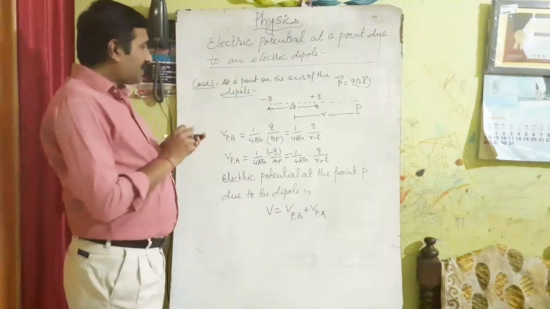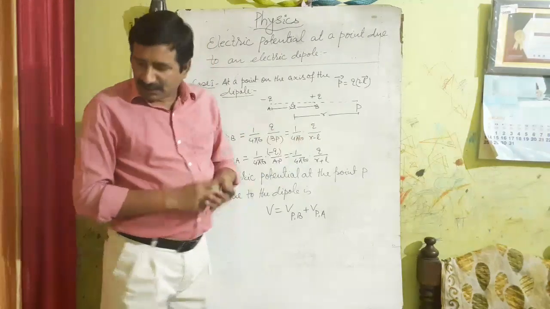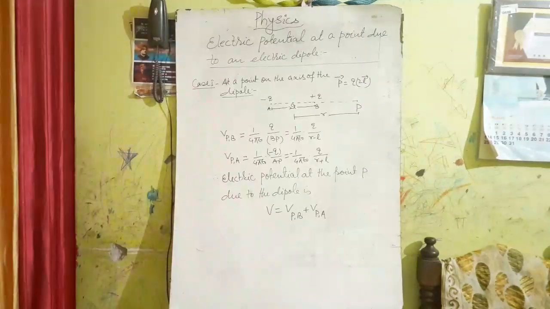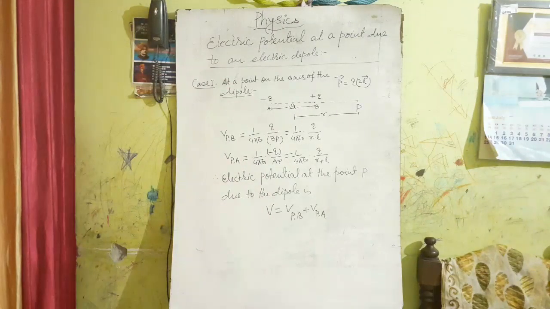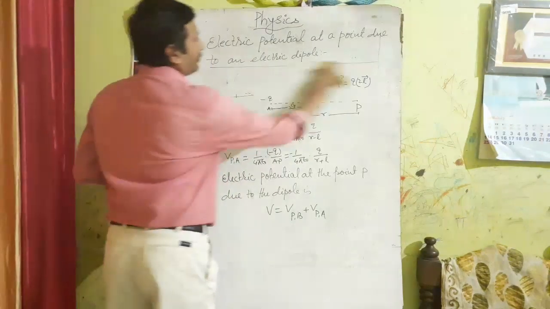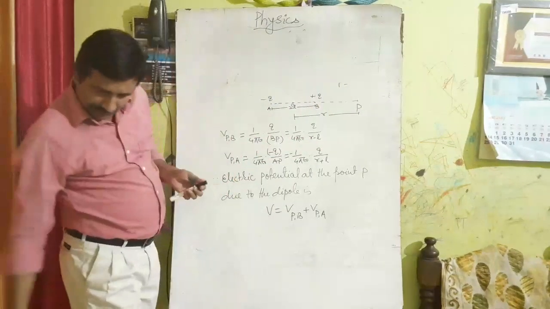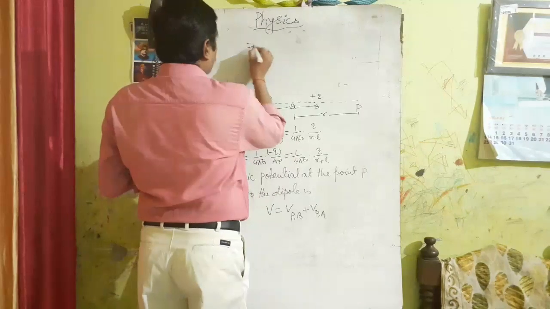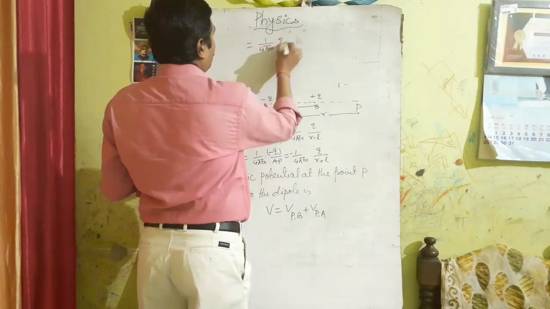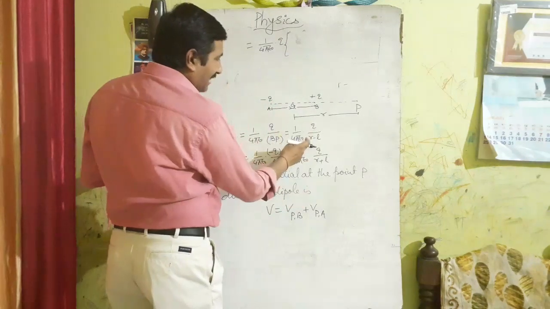You see in VPB and VPA, 1 by 4 pi epsilon naught and q are common. So we can write it as 1 by 4 pi epsilon naught, q common, this is 1 by r plus l and this is 1 by r minus l.